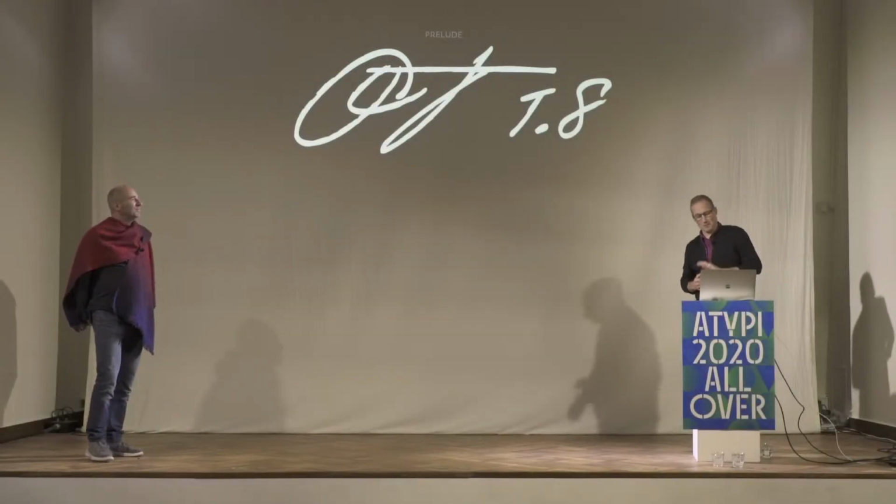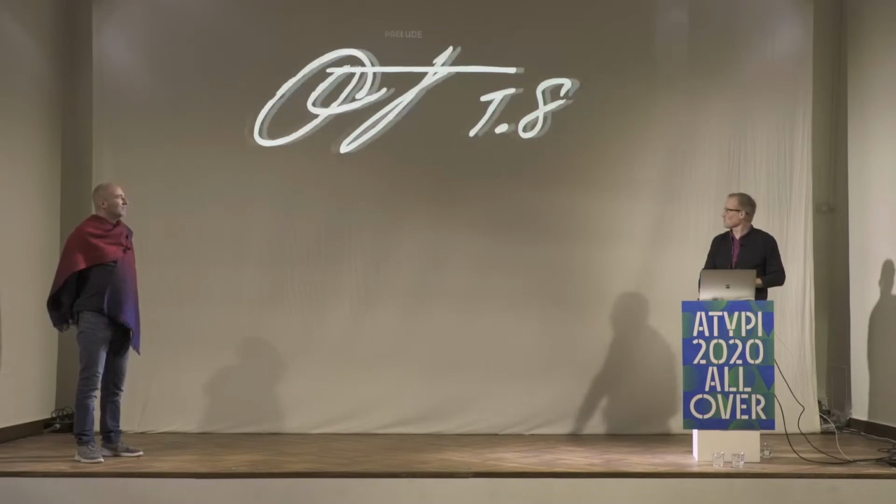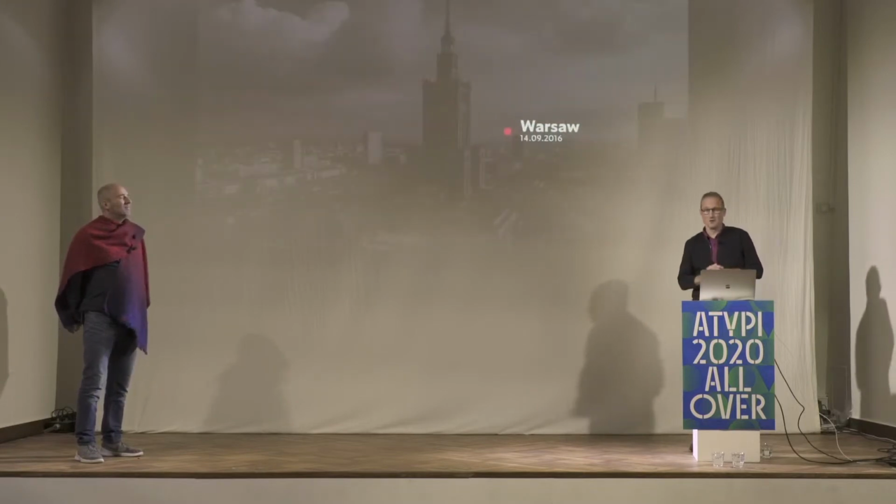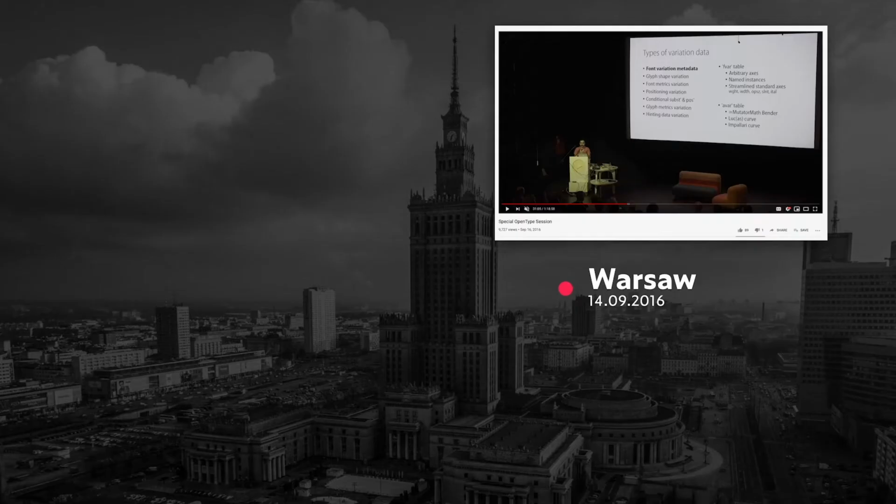Before we start, we're going back with a short prelude. We're going back to OpenType 1.8, also known as the variable font format, which was introduced 4 years ago in Warsaw, also at the ATypI conference, where some people like Vedat and others presented a whole new font format.